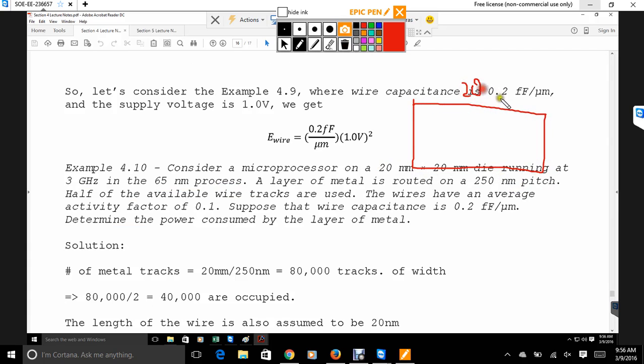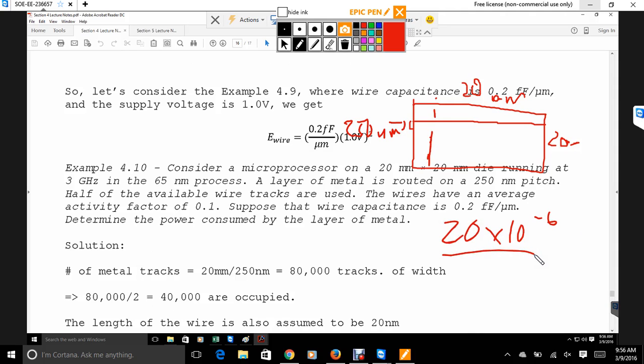It's 20 millimeters, and one of the tracks is going to run this way, and this is also 20 millimeters, and each track is going to be 250 nanometers. We have to figure out how many of those exist before we can do anything else. So in this case, it's 20 times 10 to the negative 3 over 250 times 10 to the negative 9, which comes out to 80,000.